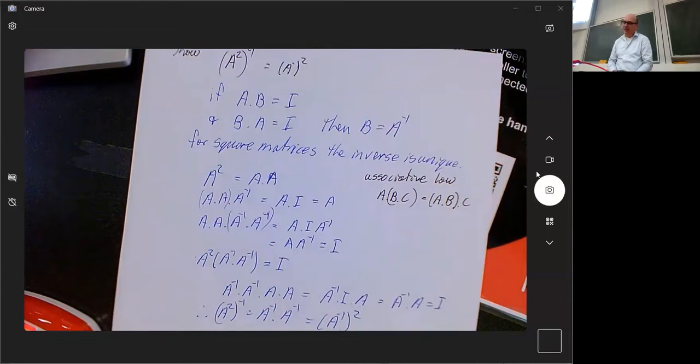That's how we can change this around so that we can group the A and the A inverse together. I've got different groupings, so let's break apart the groupings, interpret what the notation is saying, and then write it this way. That's A squared times A inverse.